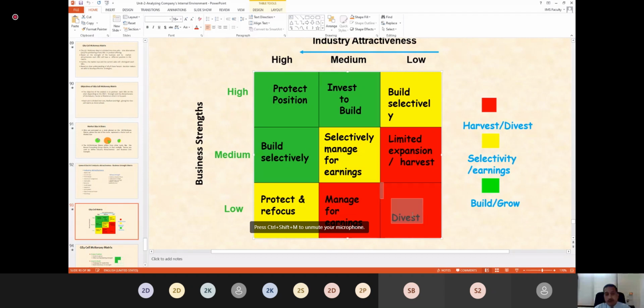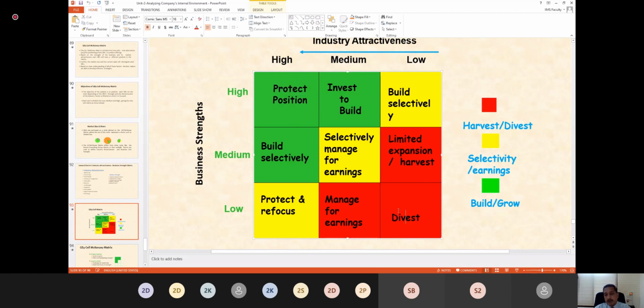So if you see this first cell and the last cell, these are totally opposite. In the first cell, you will see the market is highly attractive as well as the business trends are also high. So it is a highly attractive business, and we have a protect position.